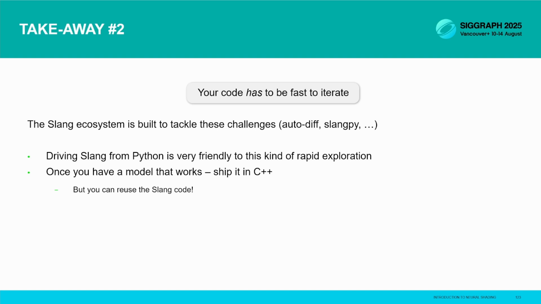The important piece is that the core logic, the shader code that actually runs your neural model and evaluates your training code, doesn't have to change between Python and C++, and they can be shared between the framework where you prototype in and the one where you ship your code in. And this is a big advantage compared to using something like PyTorch or JAX, which live in an entirely different world from your renderer and need you to rewrite everything from scratch in their framework when you actually want to train it, compared to where you want to ship the thing in the end.